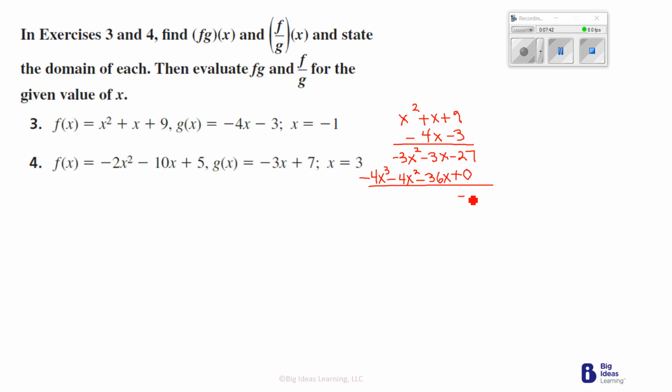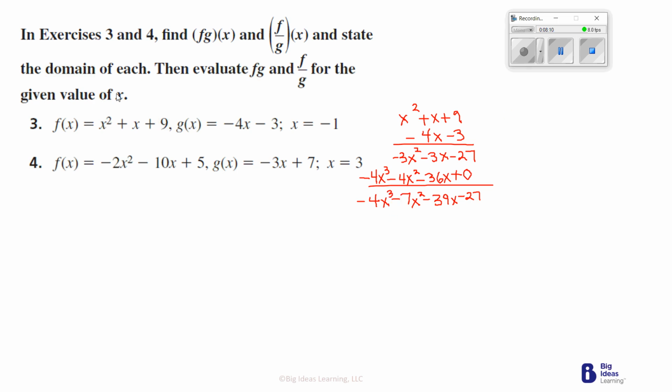We got a negative 27, we have a negative 39x, we have a negative 7x squared, and we have a negative 4x cubed.